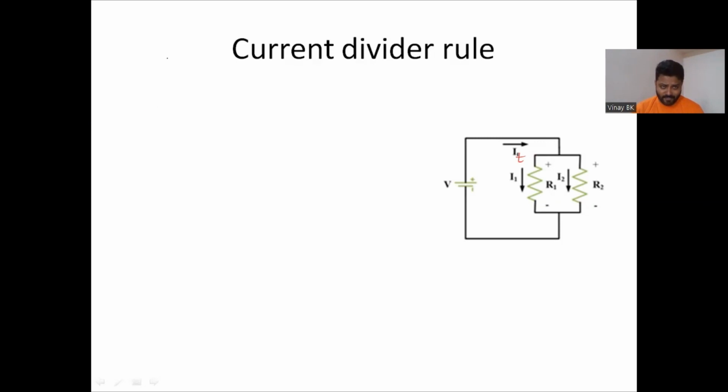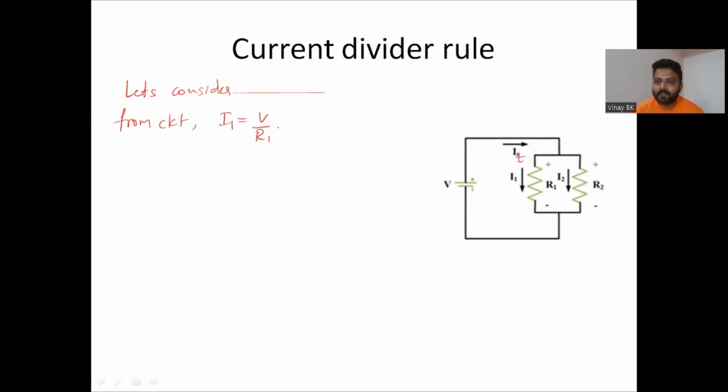Okay. So let's consider I1. We know from the circuit that I1 is given by V divided by R1.